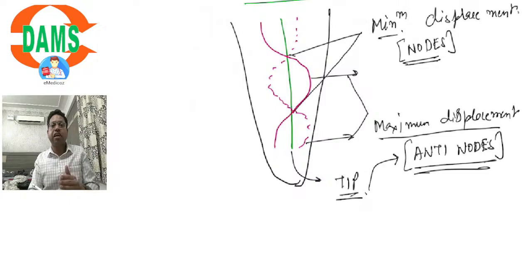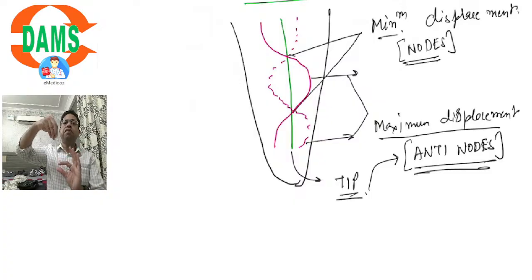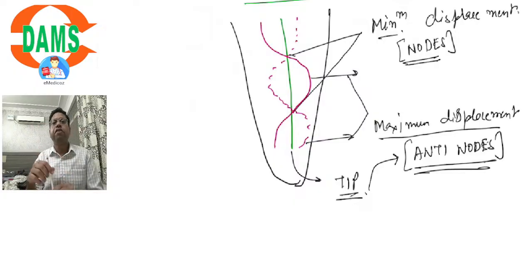So there is a stark difference from the sonic. In a sonic handpiece, whenever we suspend the file, the apical 1/3 to 1.5 millimeter does not vibrate. The sonic length is shorter than the file length. Whenever we put a file in an ultrasonic handpiece, the tip of the file always shows the maximum displacement, that is antinodes.